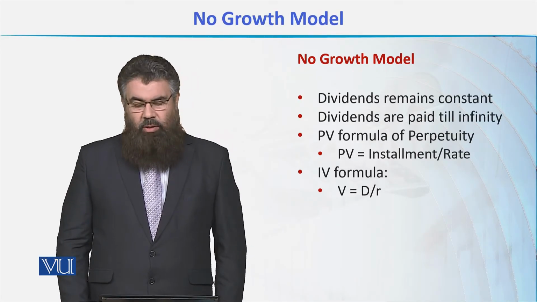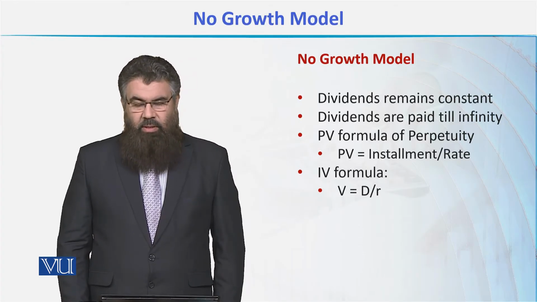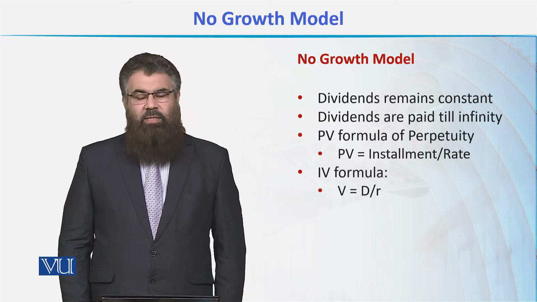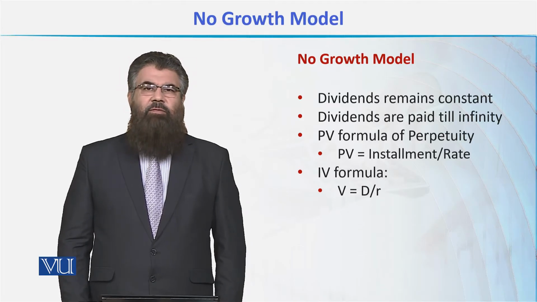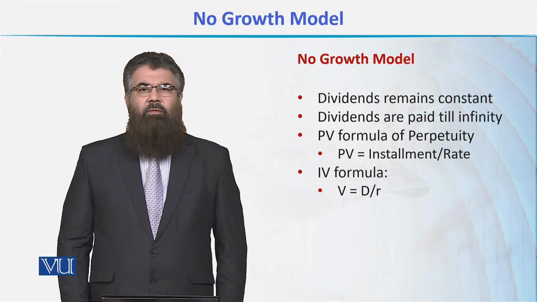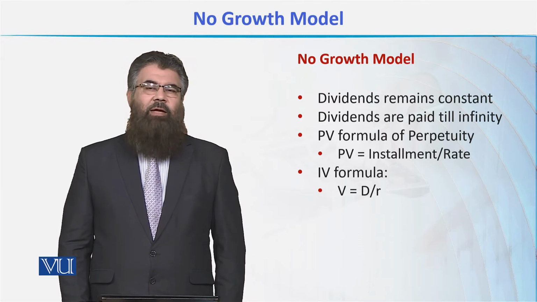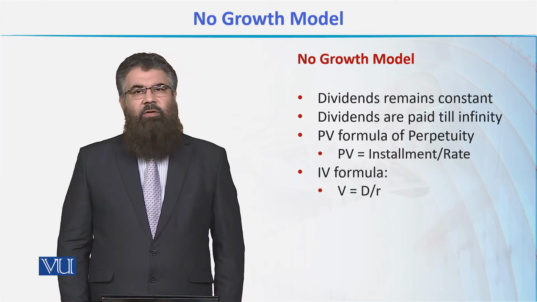In the no growth model, the amount of dividend remains constant. And this dividend, because of the going concern assumption, is expected to be paid till infinity. So like the preferred stocks formula, we'll also use the same perpetuity formula that we learned earlier to calculate the present value.